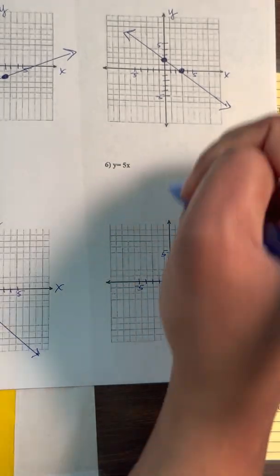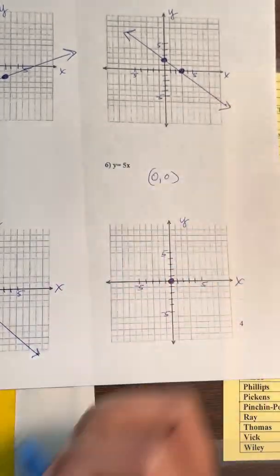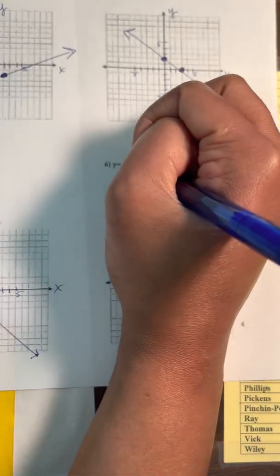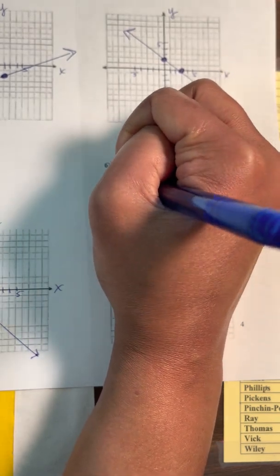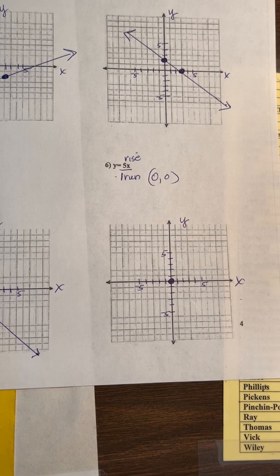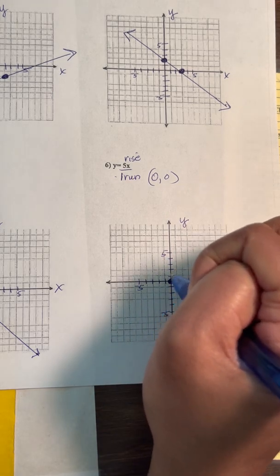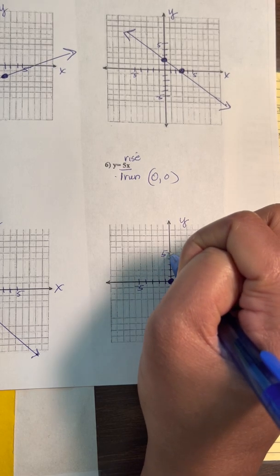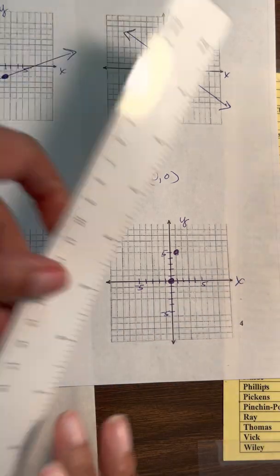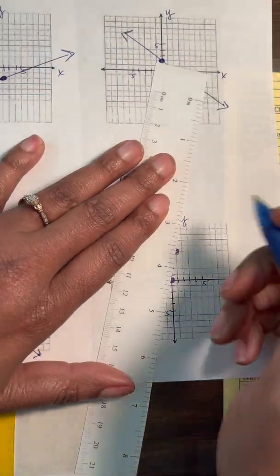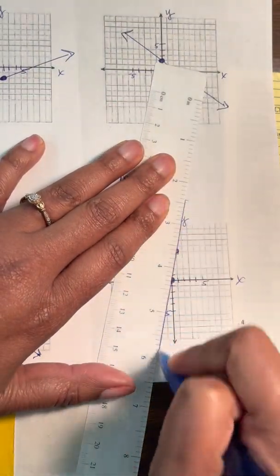Start at 0, 0, because this is my slope. I have a rise. And of course, if I don't have a run, you put it over 1. So I want you to rise up 5 and go to the right 1. So rise up 5, 1, 2, 3, 4, 5, and over 1. Okay.